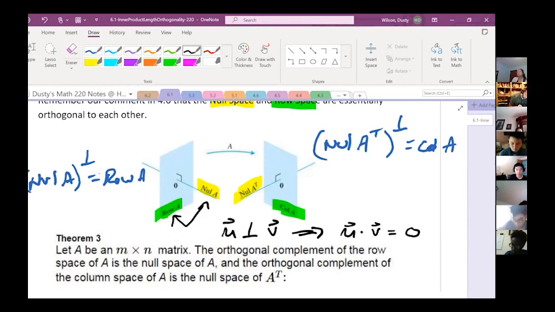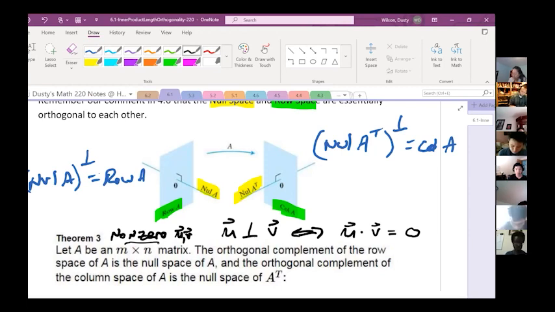So maybe we could add and say non-zero u, v are perpendicular if and only if u dot v equals 0. As long as we specify that they're non-zero, then we can get an if and only if statement out of it.